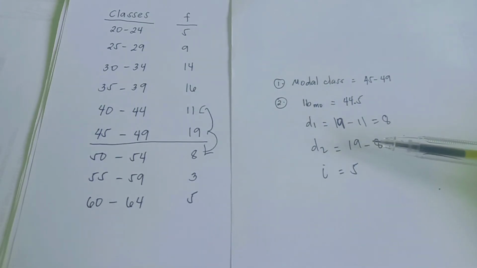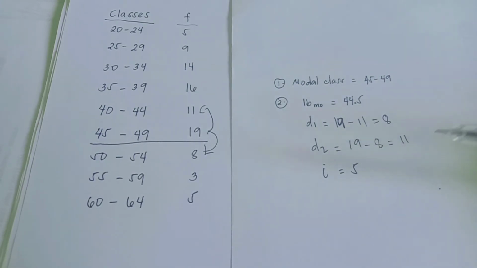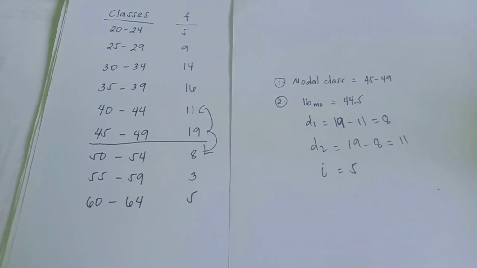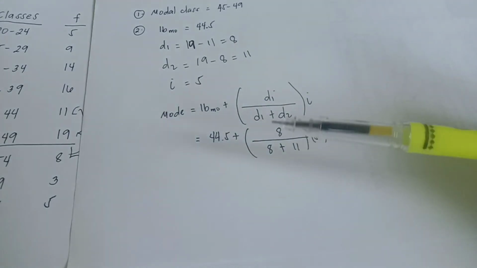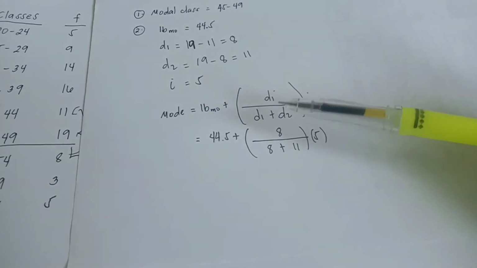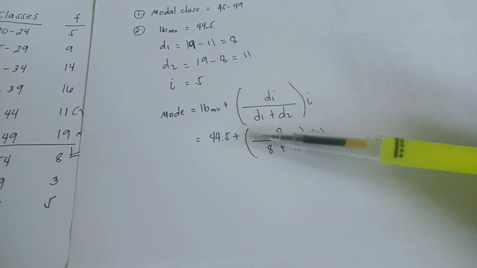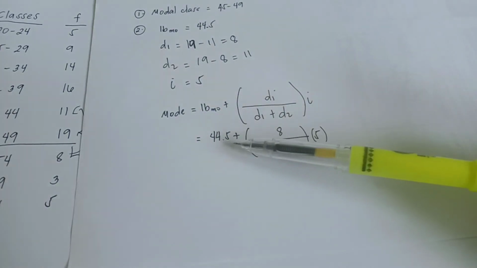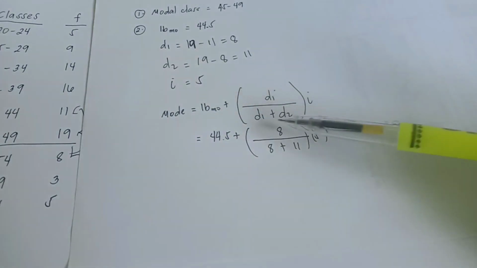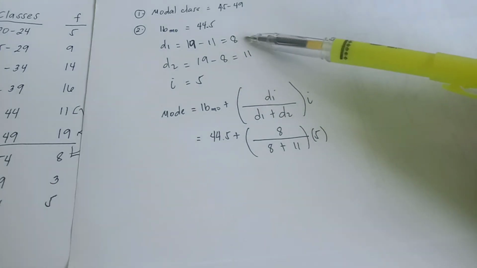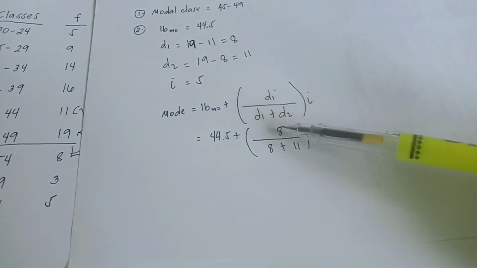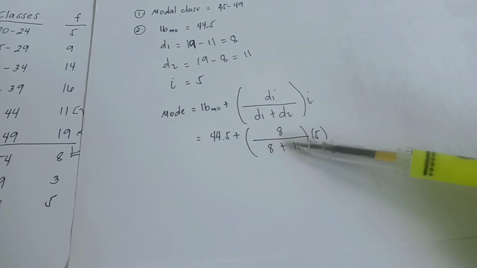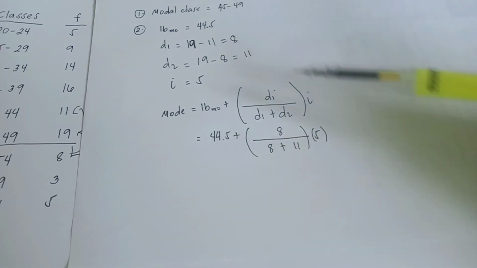Okay, so yan na siya, na-substitute na natin yung mga values. We have the lower boundary, 44.5. Okay, then d sub 1, we have 8 all over d sub 1 again, 8 plus, yung d sub 2 natin, we have 11.